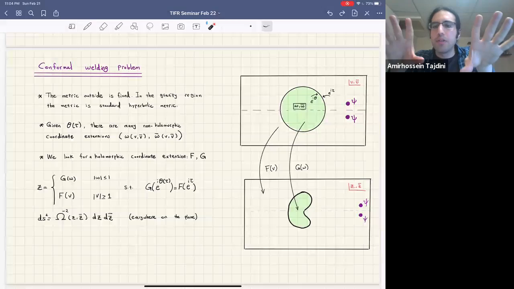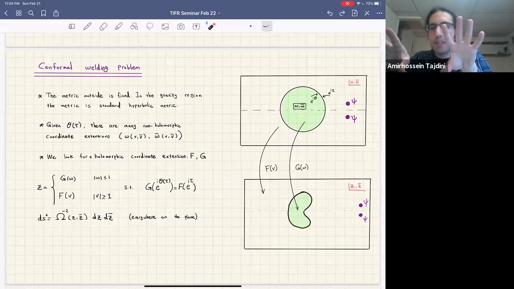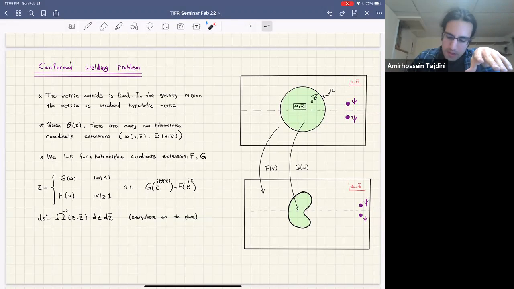In this background, some part is gravity, some part is non-gravity, and you want to calculate one loop determinant. Because you have this non-trivial identification, which you will have also in Lorentzian, calculating that part is the hard part. It's not really about the metric itself. The hard part is calculating just the one loop determinant.